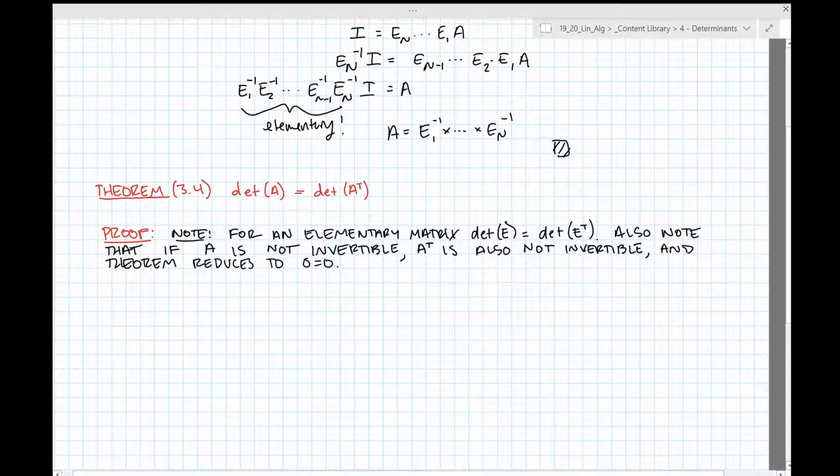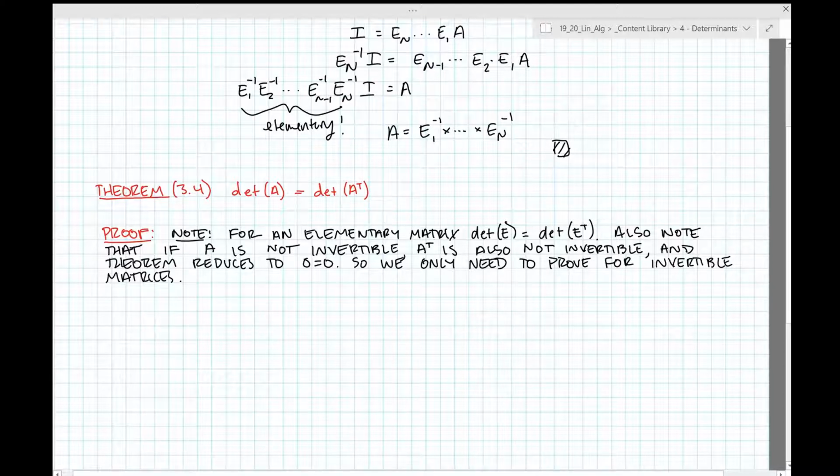Because if a matrix is not invertible, it has a 0 determinant, and so the determinant of A turns into 0. If a matrix is not invertible, its transpose is also not invertible, so this one is not an invertible matrix, and it's 0. So we only need to prove or to show it for invertible matrices. That's the good news.